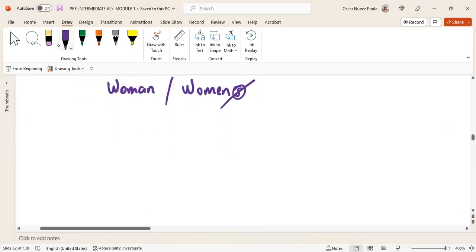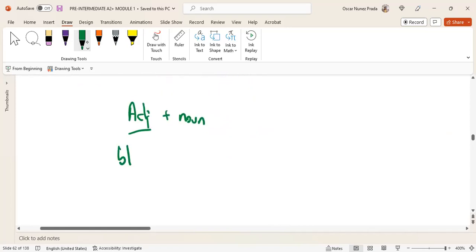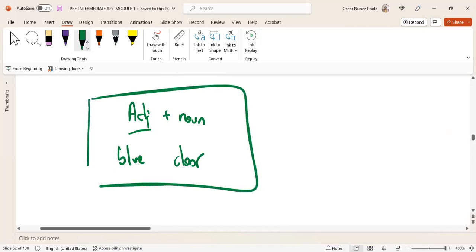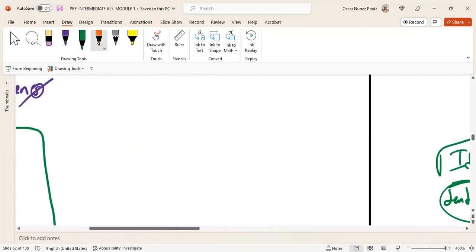Another thing is for adjectives. Usually when you have an adjective, we put the adjective before the noun. So for example, a blue door. You say blonde woman, blue dress, but we say blue door as well, okay? So just to pay attention here. When we talk about age, you have to be careful, right?